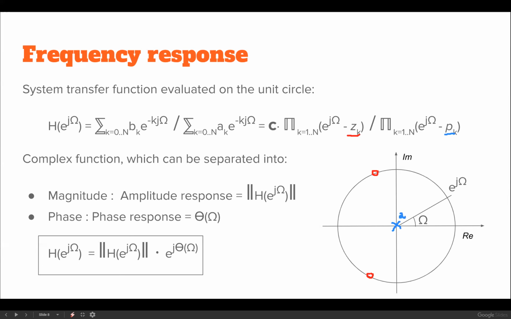Let's pick up some color here. That's the point e to j omega on the unit circle. The product form is simply the difference vector from that point to the zero locations, and you multiply those.